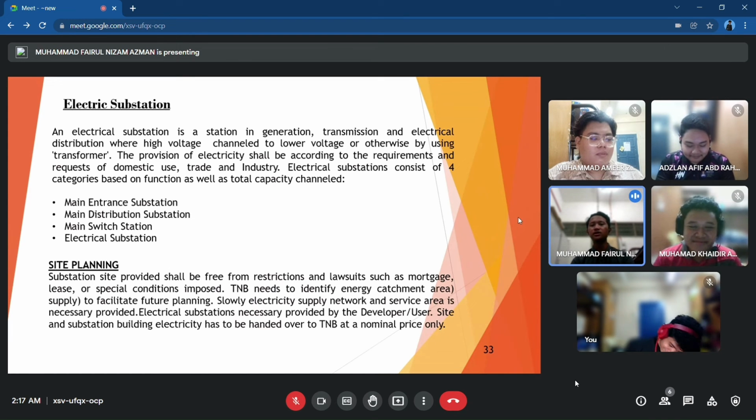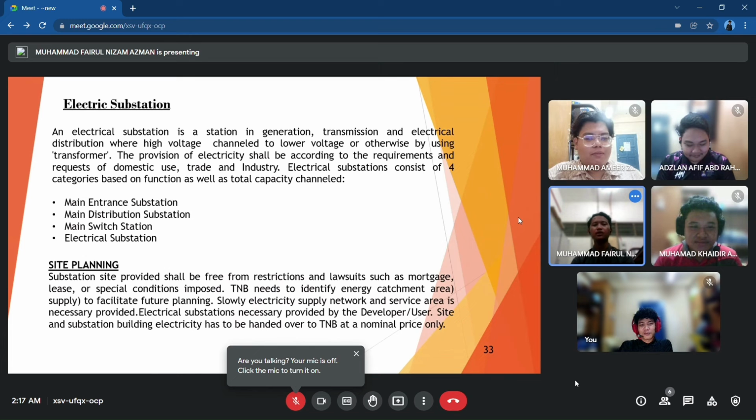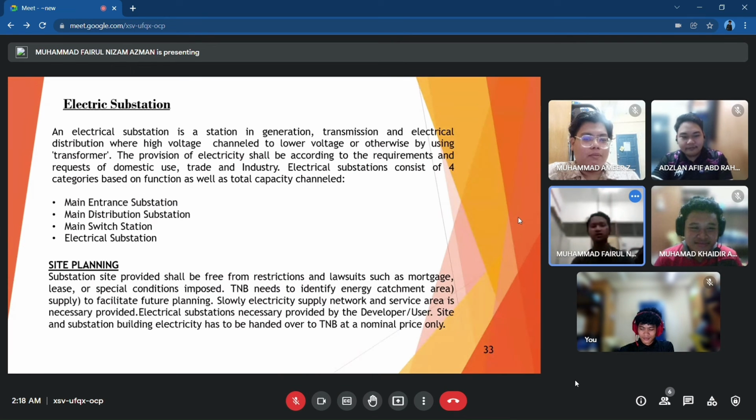Electrical substations consist of 4 categories based on function as well as total capacity. First, main entrance substation. Second, main distribution substation. Third, main switch station. And fourth, the last one, electrical substation.